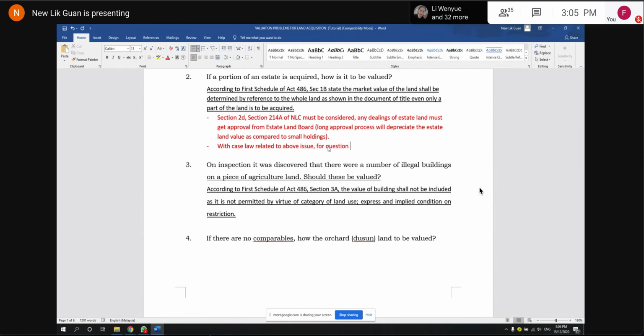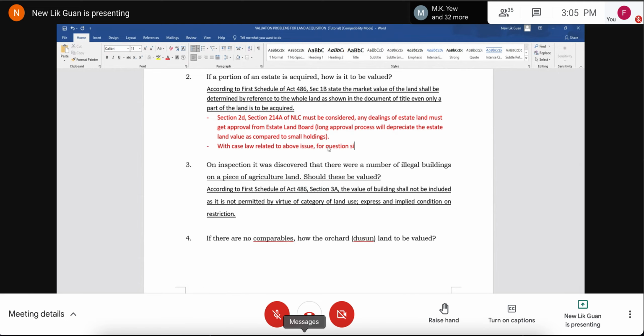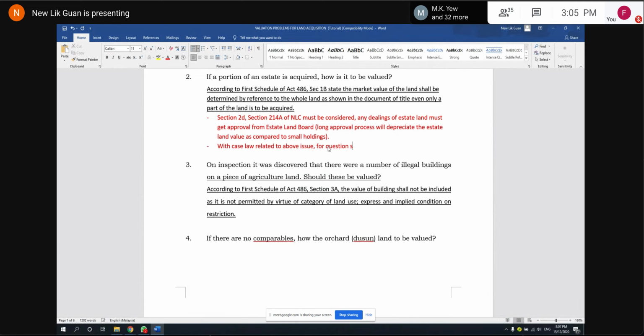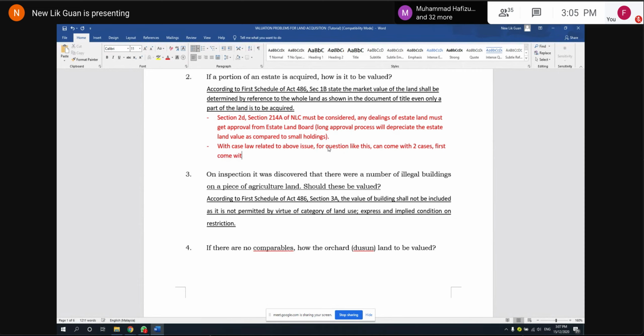One is to define what is an estate. The other one: even though Section 214 says 40 acres and above, that is based on one title. One title must be 40 acres and above.